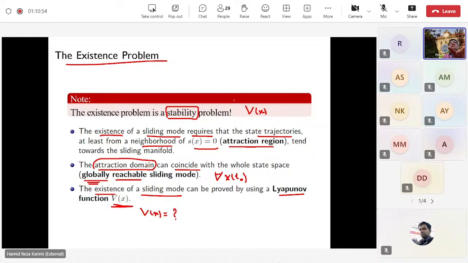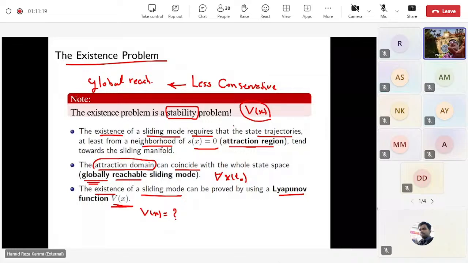It means that if you choose a less conservative design, you can reach more global, for example, the reachability. So basically, this means that we need to pay attention to V(x), and this is a very important task.